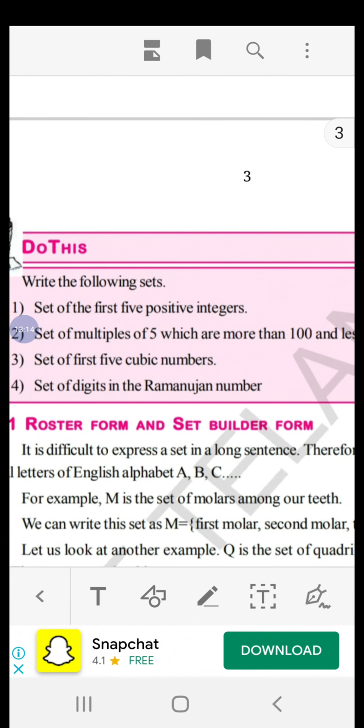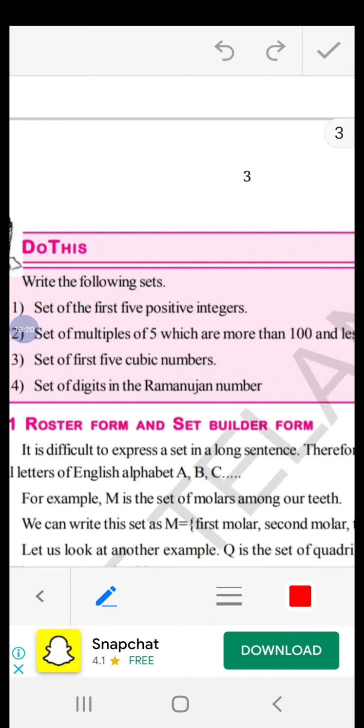Here you can see some questions. The first one: set of first 5 positive integers. Now, is it well defined or not? Yes, it is well defined, because after hearing that statement you are in a position to explain what the first 5 positive integers are.